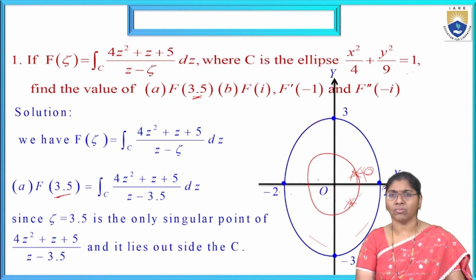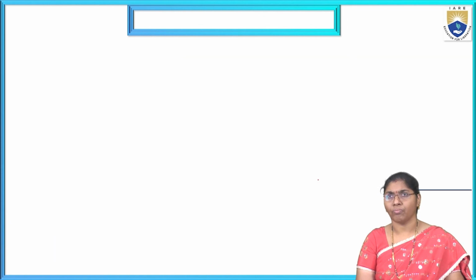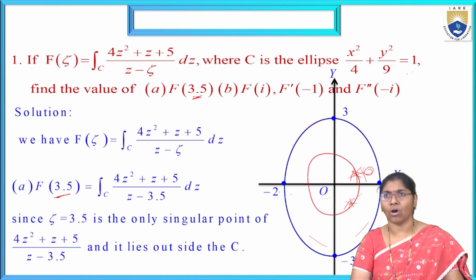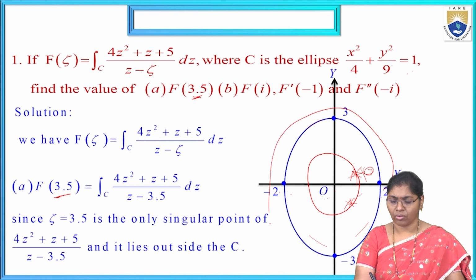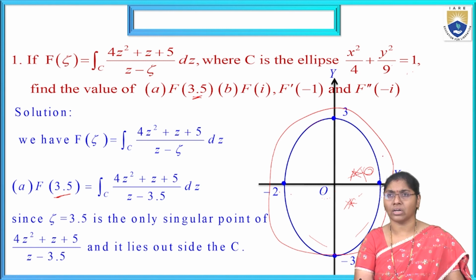Always the circle is outside the region and the z naught value should be inside the region, but here it is outside the region. Here the z naught value is fixed here, but 2 is inside, so it is not correct.